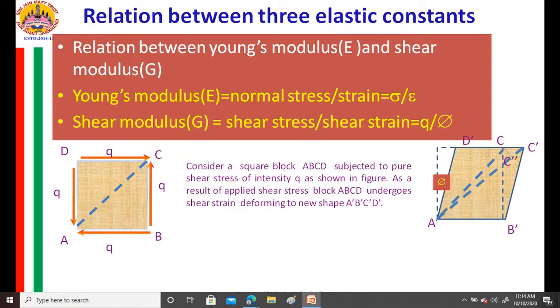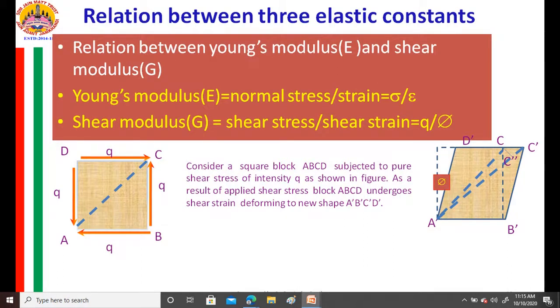Shear modulus is linked with the shear strain and Young's modulus is linked with the linear strain. So these two parameters are to be connected, linear strain and shear strain. What I am doing is calculating the linear strain in the diagonal AC.